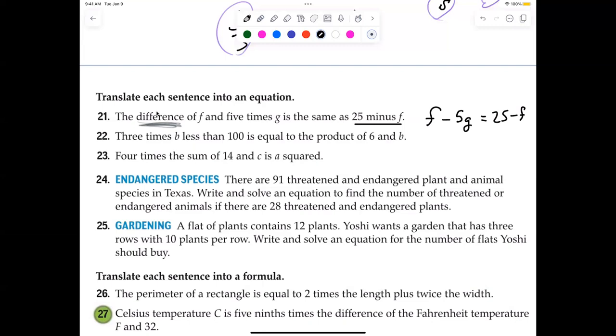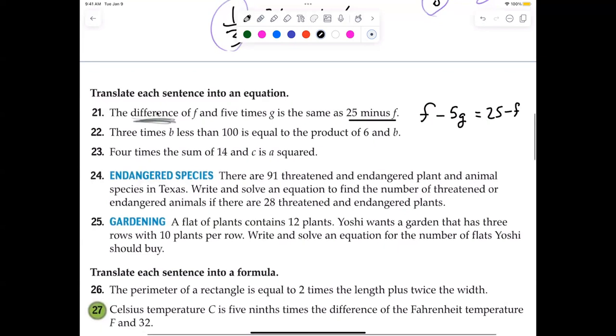All right, here we go. 22. Sadie, you're up. Also, a product of 16. What are you thinking? So 100 minus 3B is 6B. Wow, you are amazing, girl. That was really good. 3 times B less than 100 is equal to the product of 6 and B. That's very good.